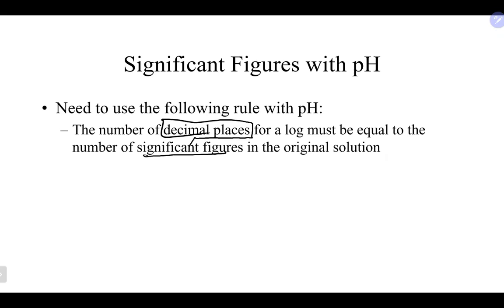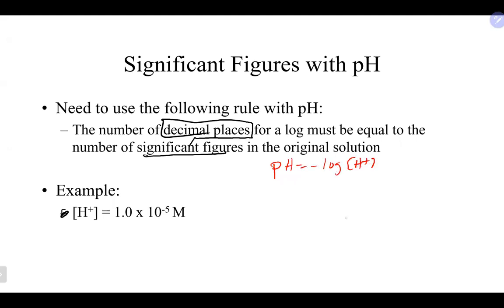So let's just try one to make sure here. What is the pH of a solution that is 1 times 10 to the minus 5? Punch that into your calculator, depending on which type of calculator you have. We're using the equation pH equals minus the log of the H plus concentration, which means it will be minus the log of 1 times 10 to the minus 5.